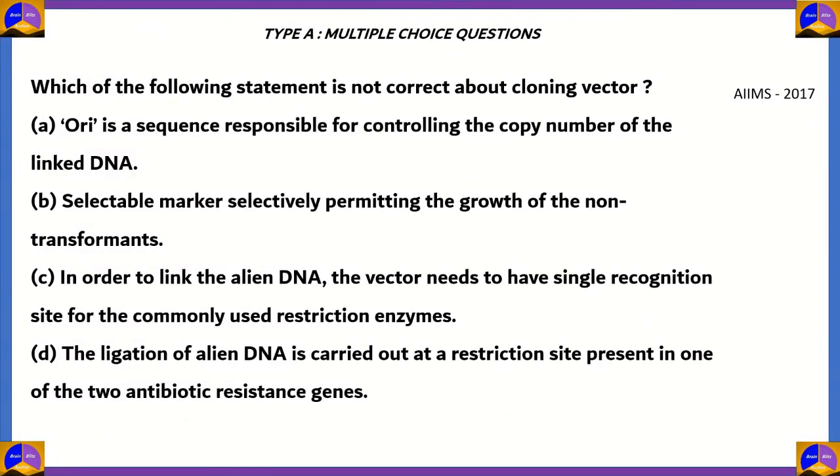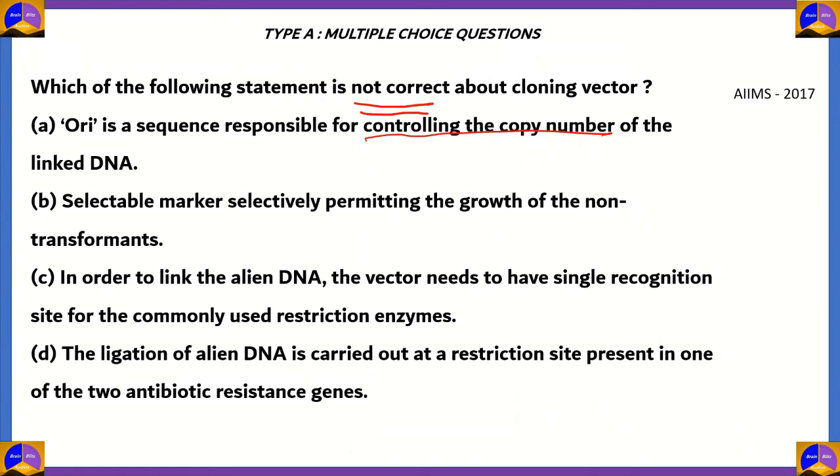Now, you need to find out which of these statements is not correct about a cloning vector. This is the final question for this episode and of this chapter. So which of the following statements is not correct about cloning vectors? Statement A says that ori, the origin of replication, is a sequence responsible for controlling the copy number of the linked DNA.